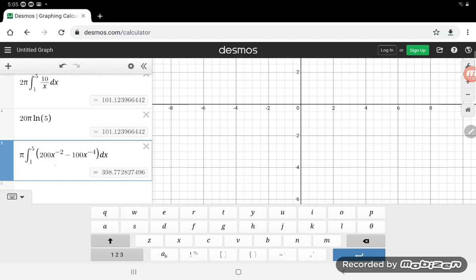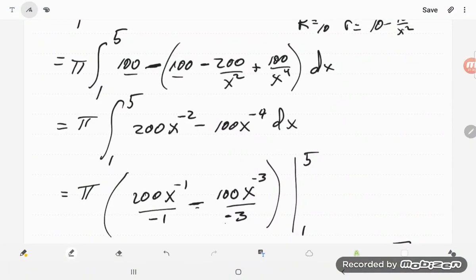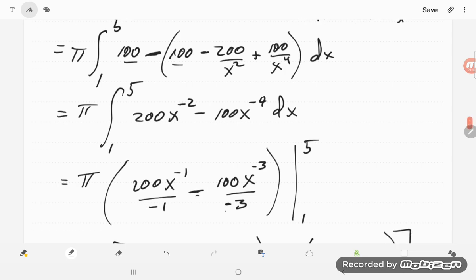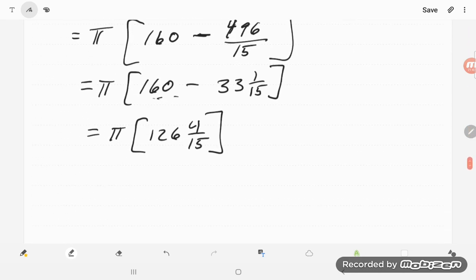So, okay, so this is 200x to the negative 2, 100x to the negative 4 with the minus. Okay, that looks good. And then our answer, we're saying, is 126 and 4/15 times pi.